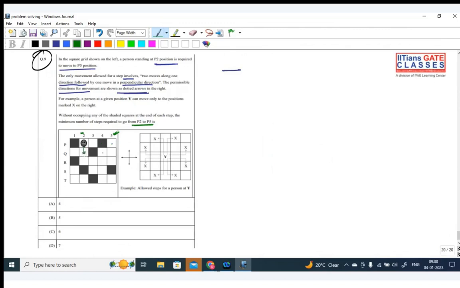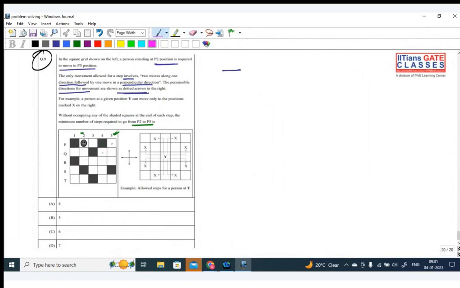Suppose you reach here, now you have to make two steps here. You can't directly go from P2 to P5 because if you make two steps here, you are staying on a shaded square and that is not allowed. So you have to think about this. This guy cannot go like this. This guy will go like this only.